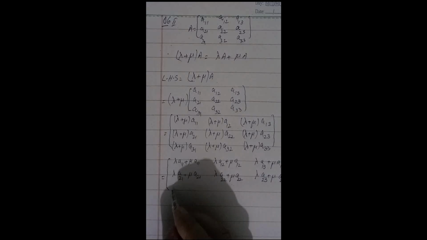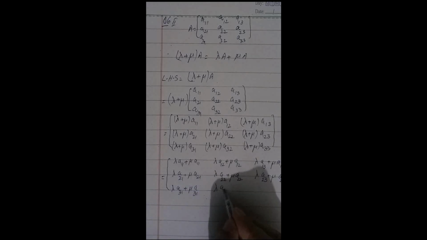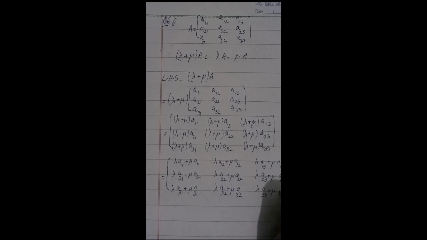And the last row is lambda A31 plus mu A31, lambda A32 plus mu A32. Next, the last value is lambda A33 plus mu A33. This is the left hand side of the question, and now we get the right hand side.